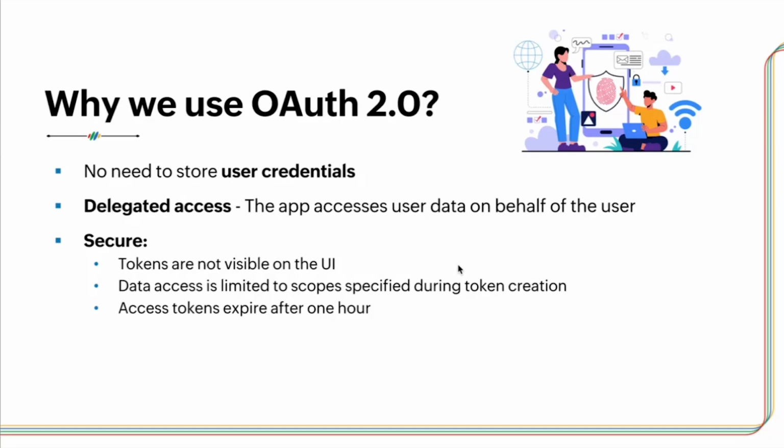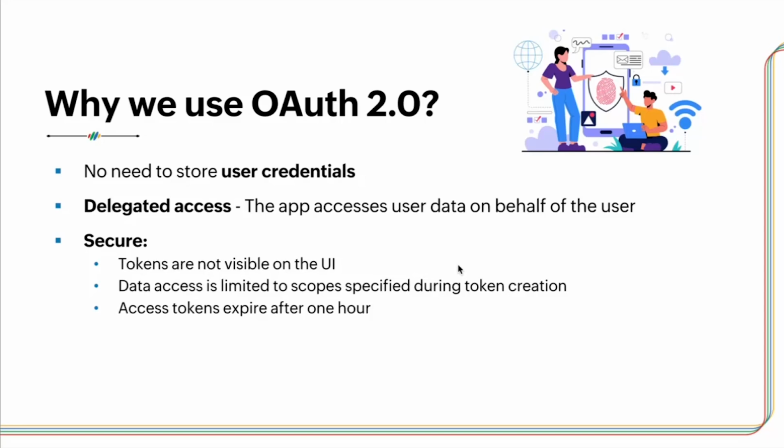Another advantage of OAuth 2.0 is that it is very secure because there are no tokens that are visible on the UI. And we have something called scoped access, where let's say an application has access to only your data related to modules, which means it can only read your data in Zoho CRM. Then with that access token, the application will only be able to read your data and nothing else.